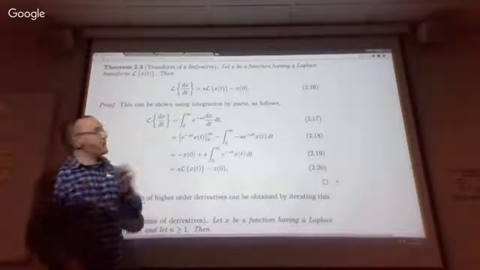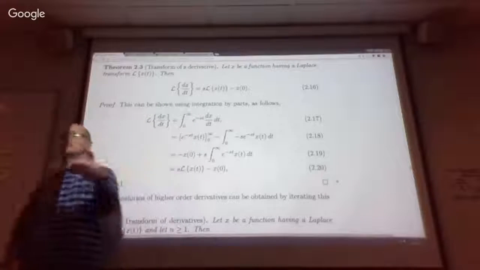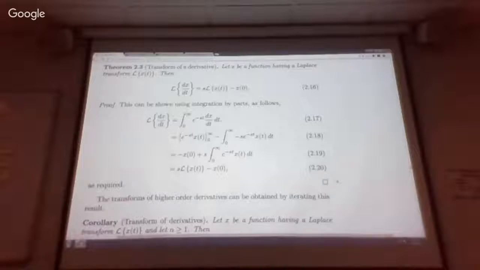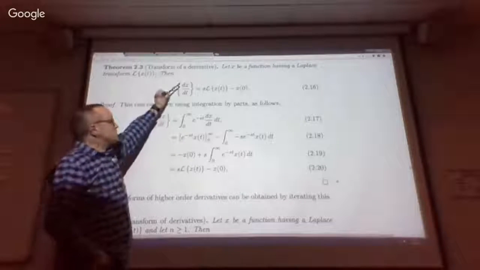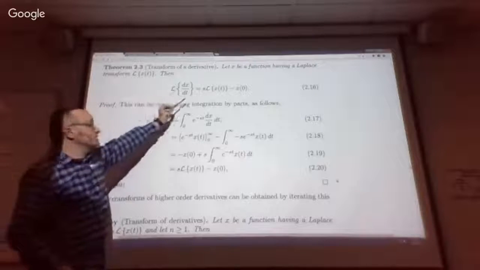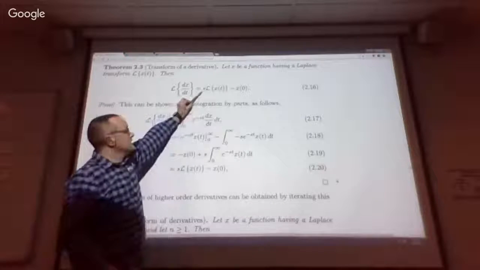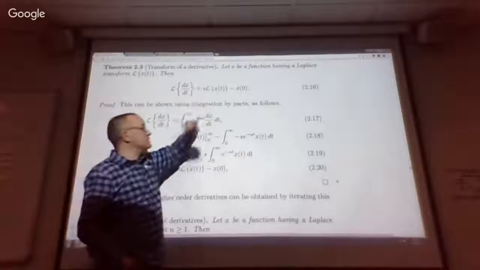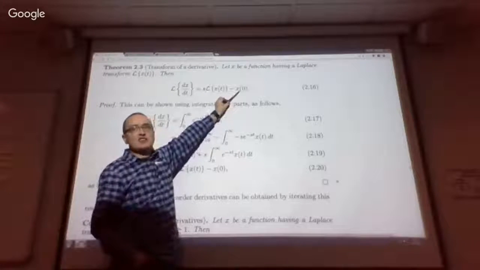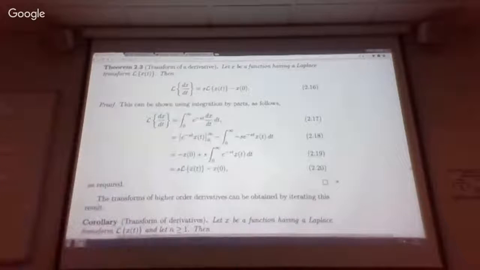So x here you can imagine as being the unknown term in a differential equation. How do we deal with the Laplace transform of the derivative of x? Well, we can deal with it in this way. It's simply s times whatever the Laplace transform of little x was, minus this constant term, which is the initial value of x. So that's the last thing that we proved when we spoke last time.